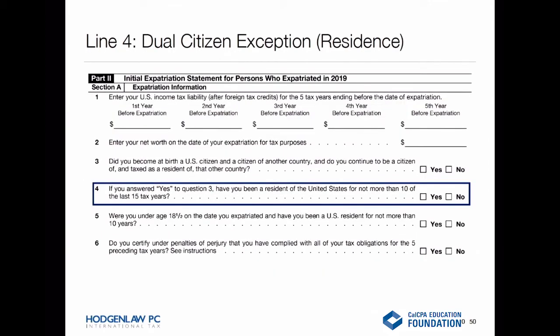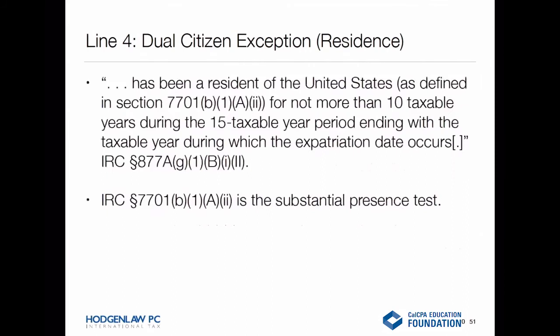The dual citizen exception also has a residence component, and that's asked on line 4 of this section. It says, if you answered yes to question 3, have you been a resident of the United States for not more than 10 of the last 15 tax years? So essentially, you use the substantial presence test, and you apply that over a 15-year period, ending with the year of expatriation.